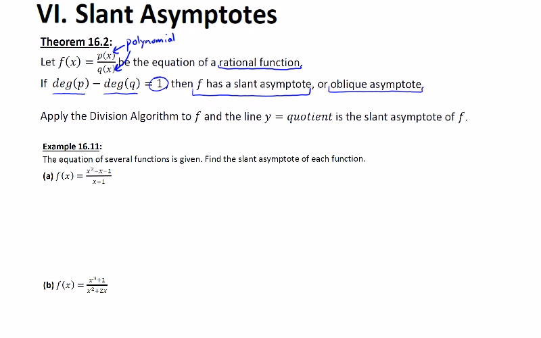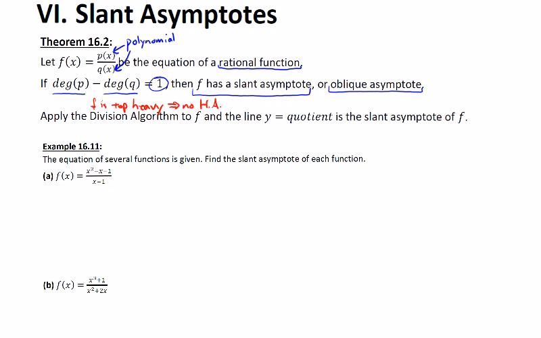Now the implication here is that if the degree of the numerator minus the degree of the denominator is equal to a positive 1, then that means that f has to be top-heavy. And one of the implications of it being top-heavy is that there is no horizontal asymptote. And that was back when we discussed the horizontal asymptote concept.